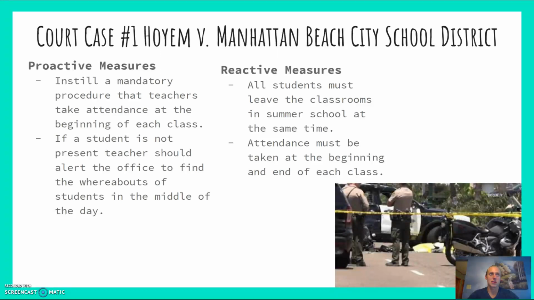And when the attendance is taken, just make sure the teachers communicate with administration that this student's not here. I think that's very essential when it comes to a reactive measure for a situation like this.